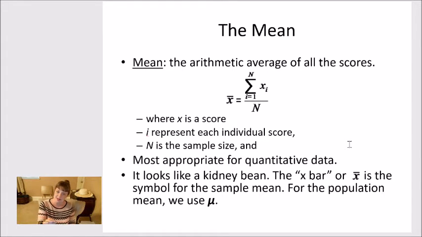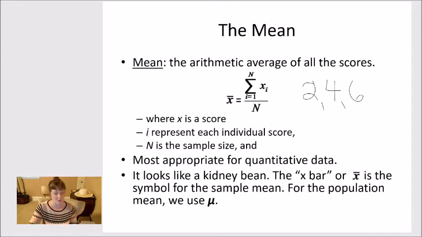So let me translate what this equation is telling you, because I suspect almost everyone already knows how to calculate an average. Let me write on here for you. If I have three numbers, let's say 2, 4, and 6, and let's say this is the number of children people have.